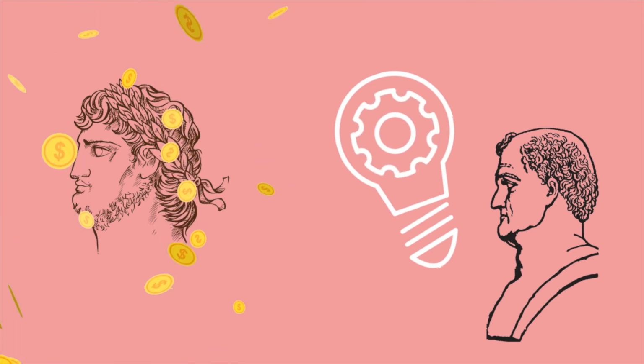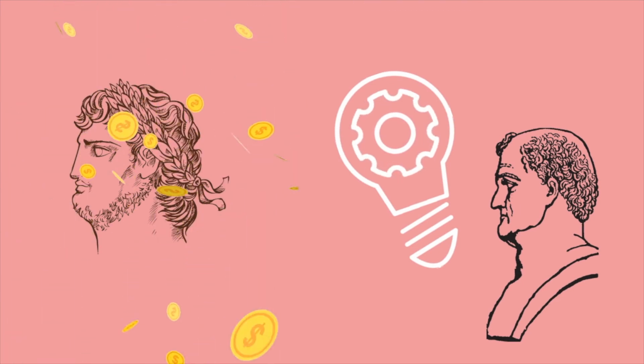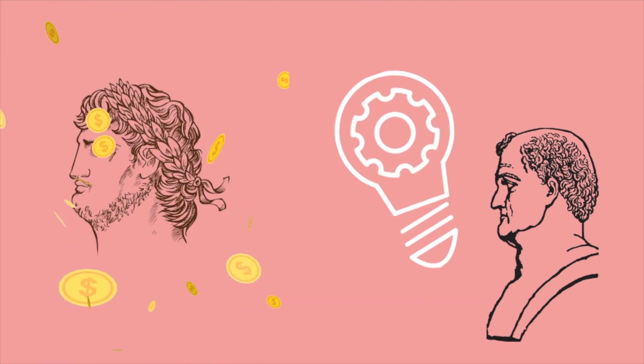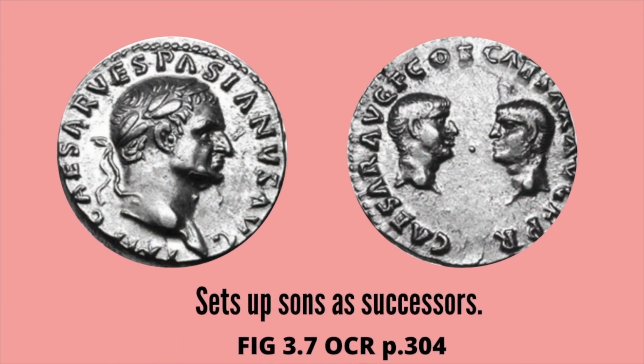And finally, one of the most important things he did was to present himself in images, especially on coins, with his two sons, Titus and Domitian. And this was a very pragmatic move on his part because he knew that what the Roman people wanted after a series of bloody successions and an awful civil war was stability.